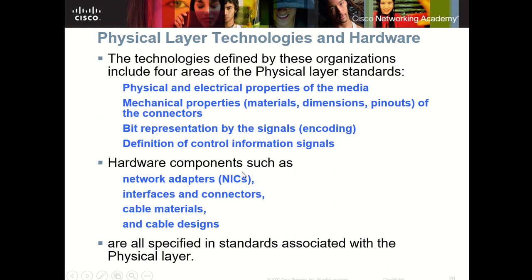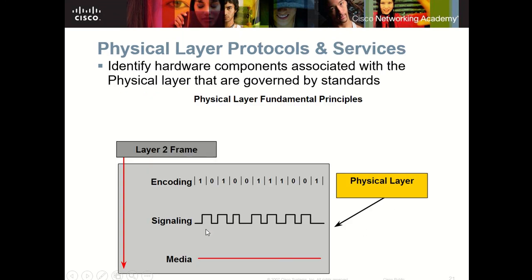On the hardware components, they also set the standards for our network interface cards. We have the interfaces, the slots or ports at the back of your router or your PC, and connectors, the cable material, and even the cable designs. So again, there should be a standard set for that.